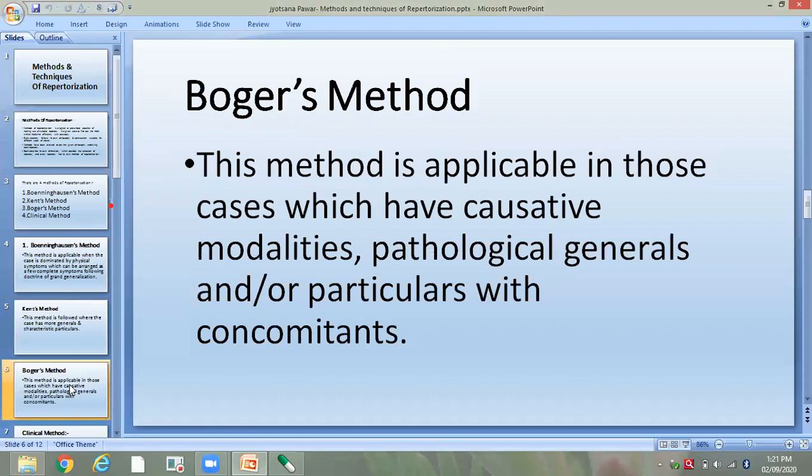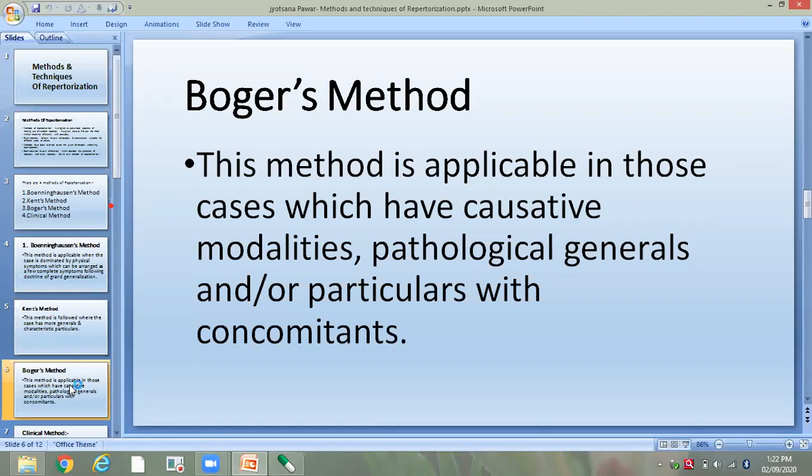Then the third method is Boger's method. Dr. Boger gave importance to causative factors, causative modalities, as well as pathological generals and concomitants.